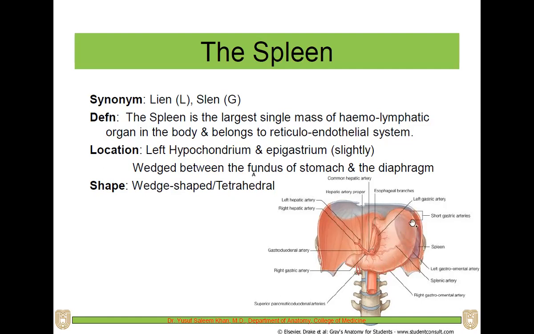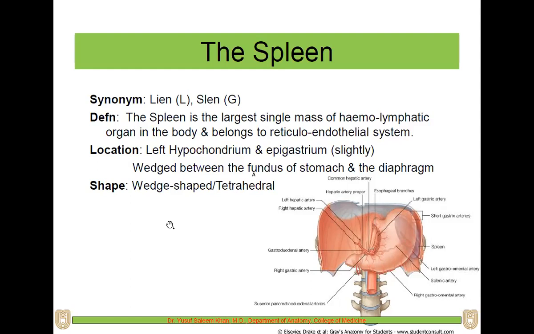Here is the diaphragm, and the fundus and body of the stomach. The spleen is behind the stomach as well as to the left of the stomach, held between the fundus of the stomach and the diaphragm. So in between is the spleen.